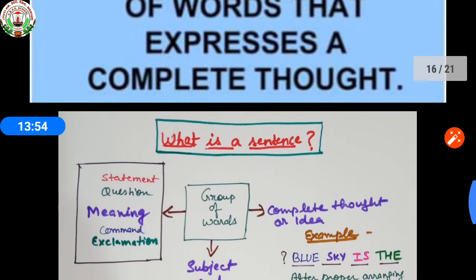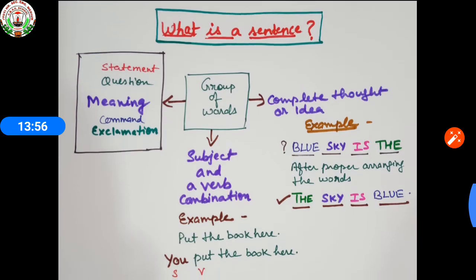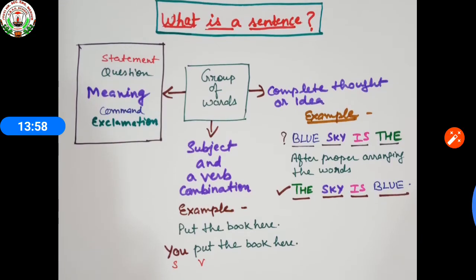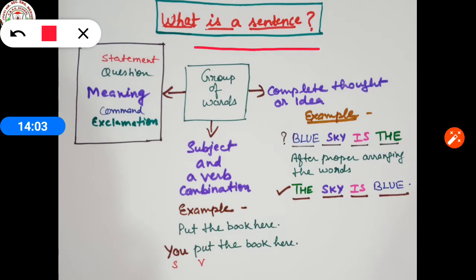Now let's start with what exactly a sentence is. A sentence is a group of words and it has three important characteristics.